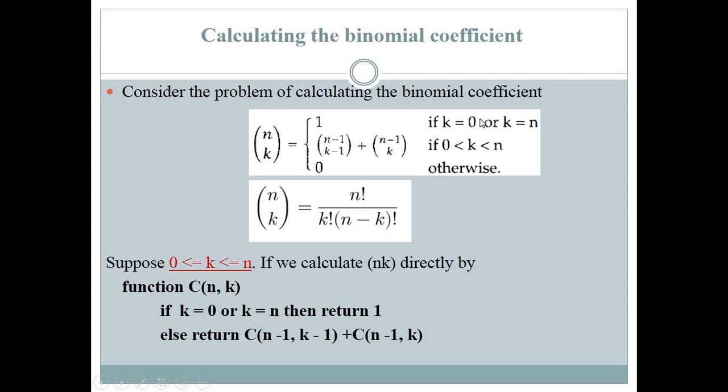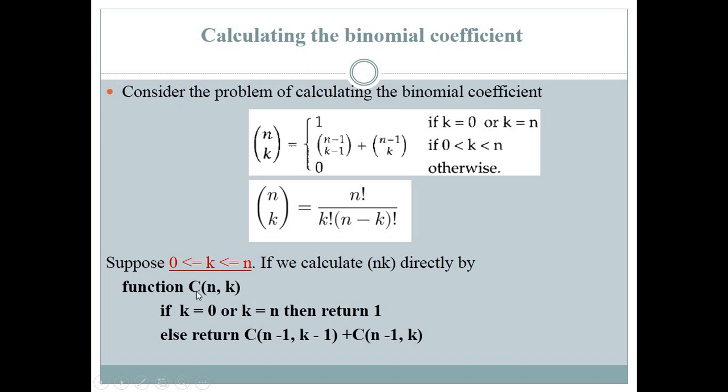And if those two cases are not applicable, then our value will be 0 only. This is the formula for calculating nCk, which is n factorial upon k factorial into n minus k factorial. So we will consider this for solving our equation.